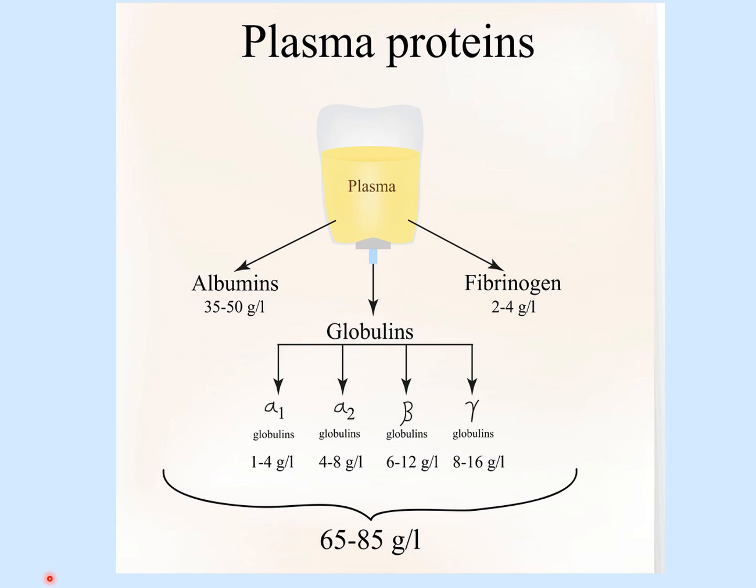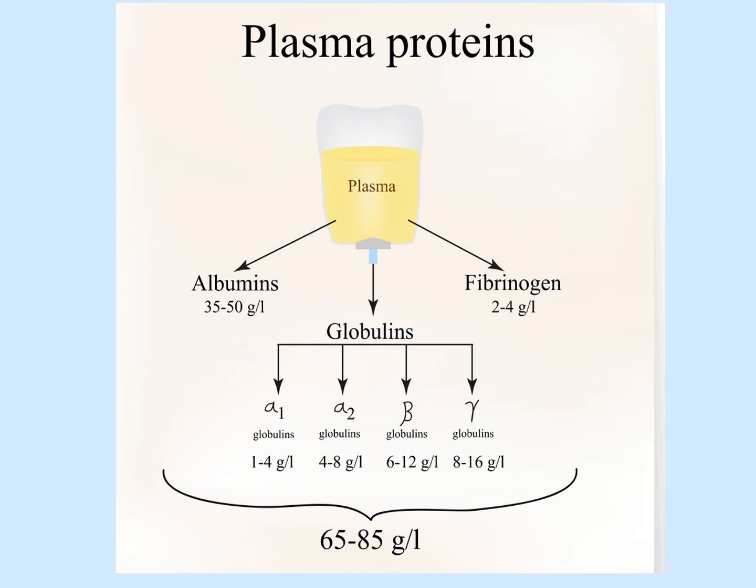What do alpha 1, alpha 2, beta, and gamma globulins mean? These fractions we can analyze according to electrophoresis. If you remember, we discussed electrophoresis of blood serum proteins, and we named 5 fractions that can be taken from this electrophoresis.